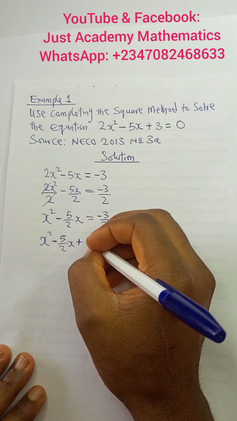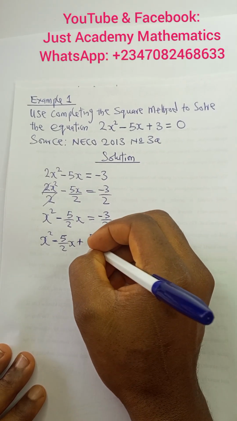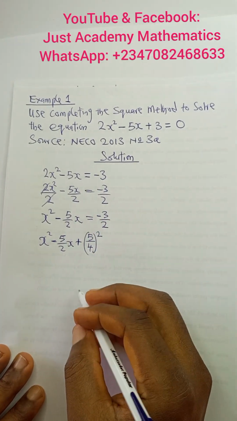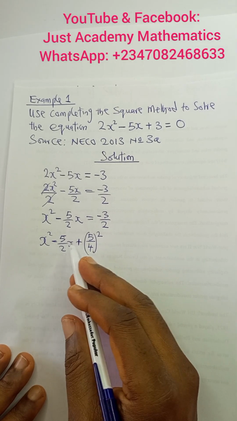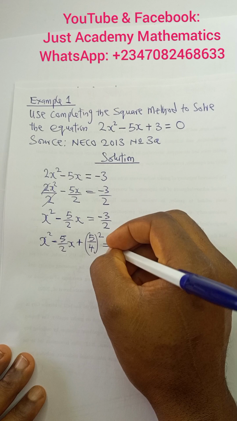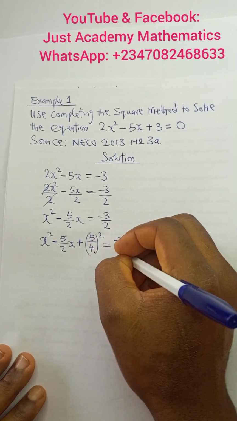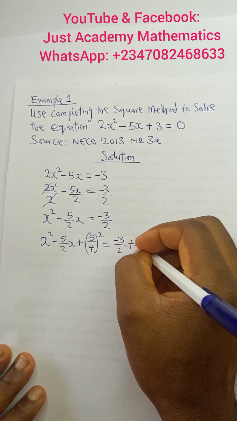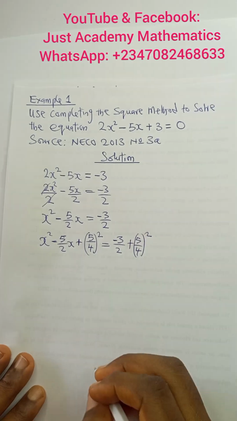I say you times the denominator with 2. That is 5 over 4 squared. There is no need putting minus here, because minus squared is the same thing as plus squared. So it's the same material. The right side here is minus 3 over 2 plus 5 over 4 squared.